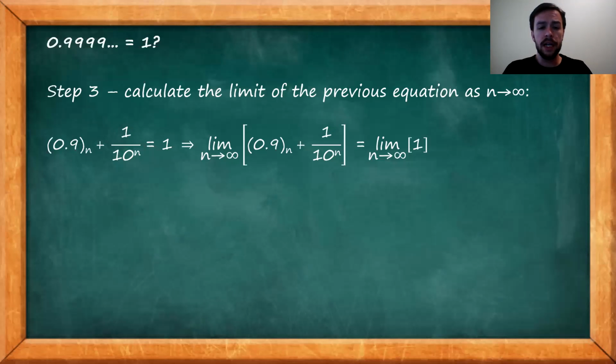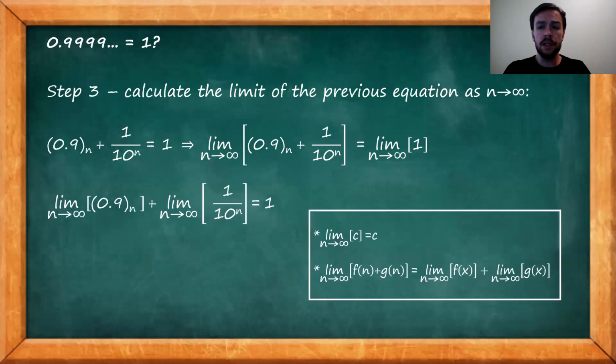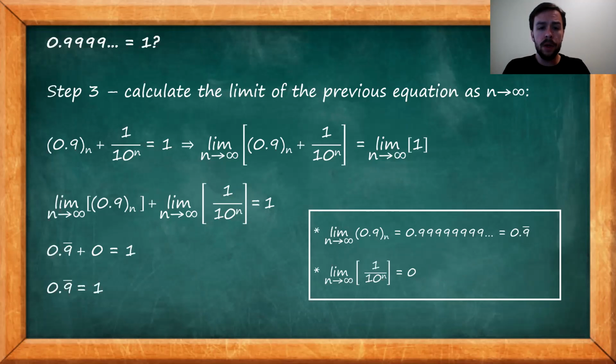And we're just taking the limit of both sides of this equation. We can start simplifying by first noticing that the right-hand side is just equal to 1 because the limit of a constant is the constant itself. Moreover, we can split the limit of the sum in the left-hand side into the sum of limits, which is legal to do. And now we notice the following.